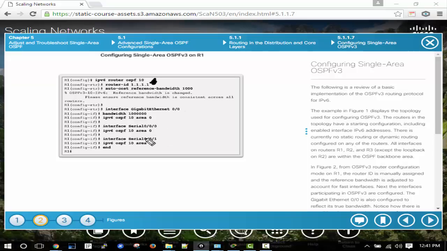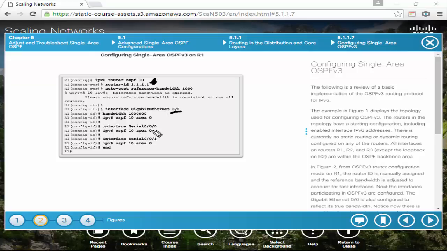And then instead of programming networks, we go back into the interface. As you see, they go into the interfaces that are actually being programmed. This is the difference with IP version 6. And they just say IP version 6 OSPF 10 area 0. Why don't they have to put in the network?